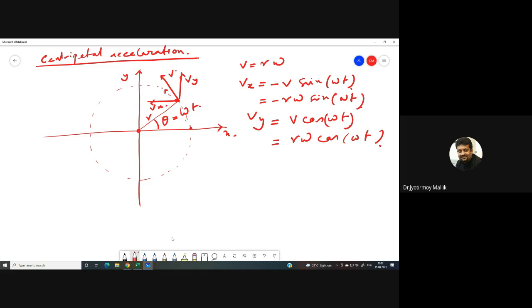And if this is the case, let me draw how the centripetal acceleration would look in the same picture.